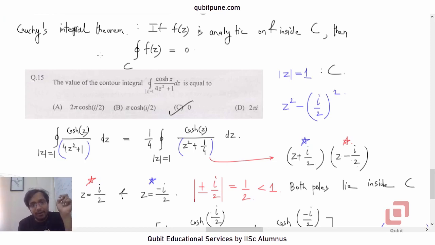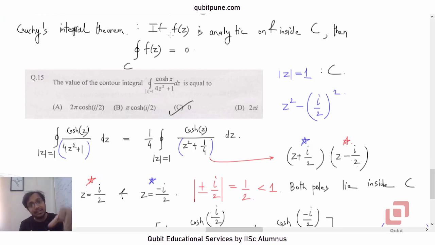We have a function, the integrand here, f of z, whose integration along the unit circle mod z equal to 1 is 0. But is it analytic? No, it's not analytic, because it has two poles, z equal to plus or minus i/2, which are inside the contour, but still its value is 0.